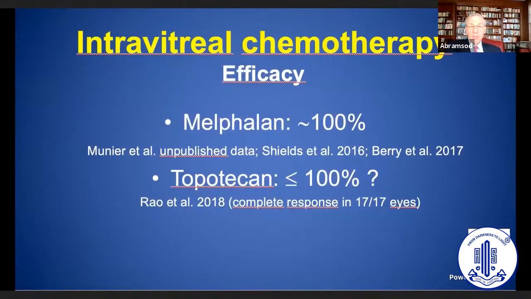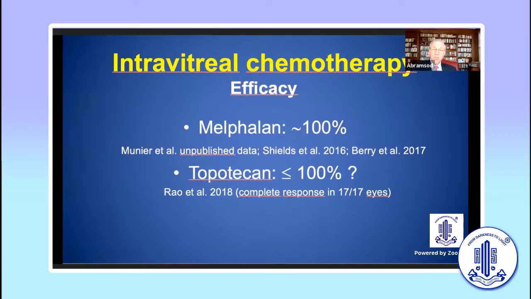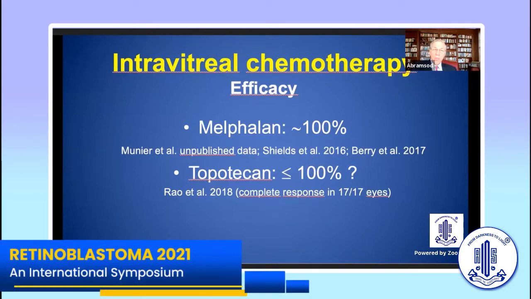Now, what about efficacy? This is quite amazing to see that melphalan is nearly 100% efficient. We have only 2 or 3 cases out of 250 that resisted melphalan and required topotecan on top to control the disease.